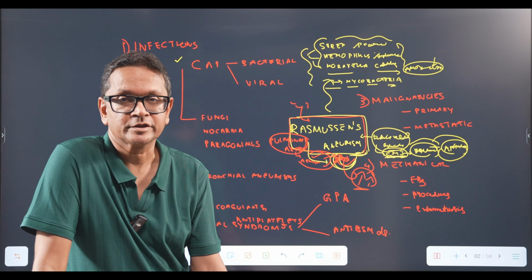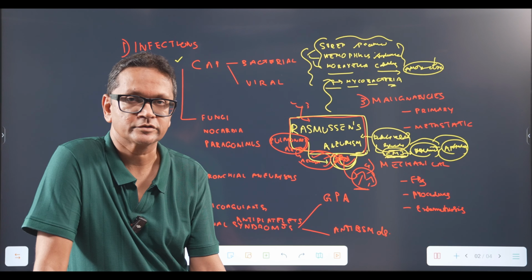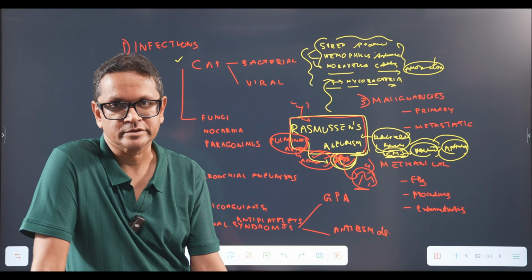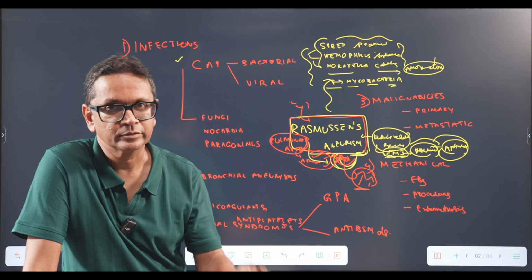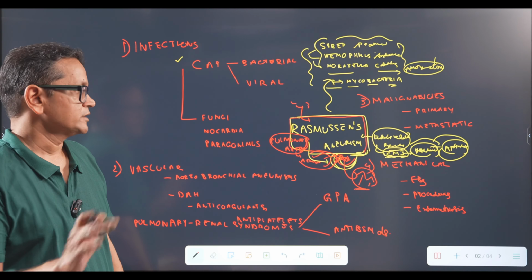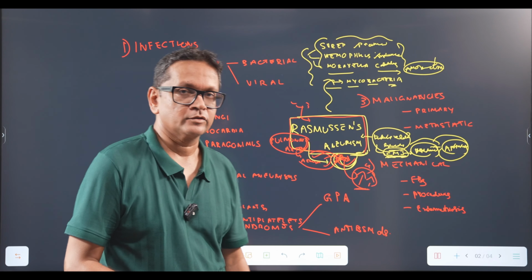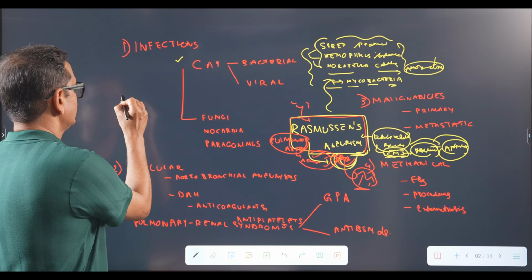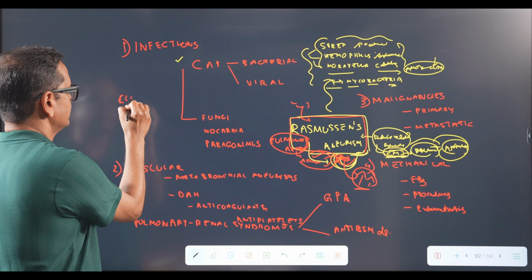By the way, you know this interesting point, how cavities form, especially lung cavities in tuberculosis. Initially, there was a theory that it is because of macrophages, but it is not so. Whenever there is inflammation in the setting of tuberculosis, there are two drivers. One is class 1 interferon.